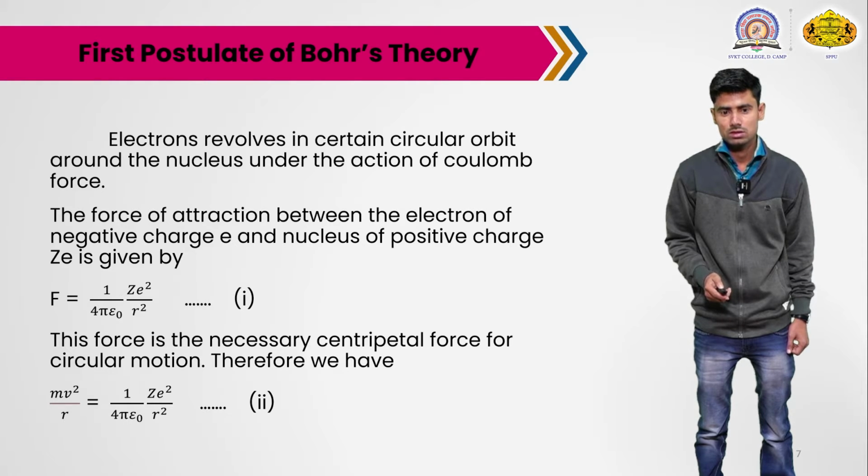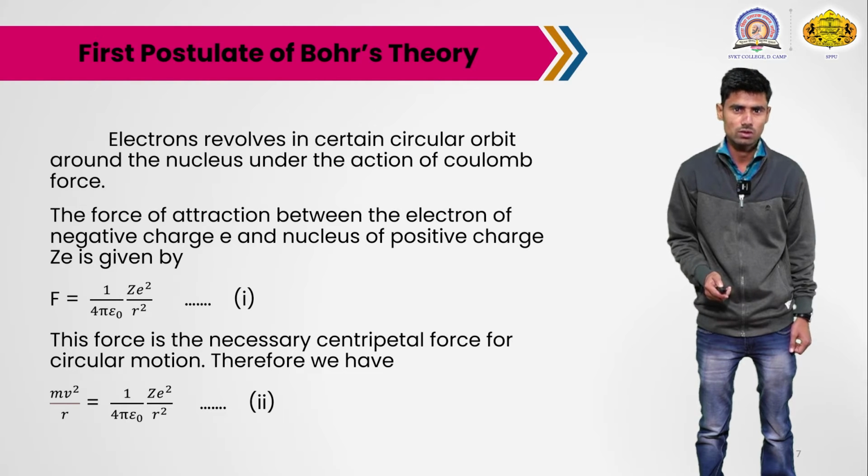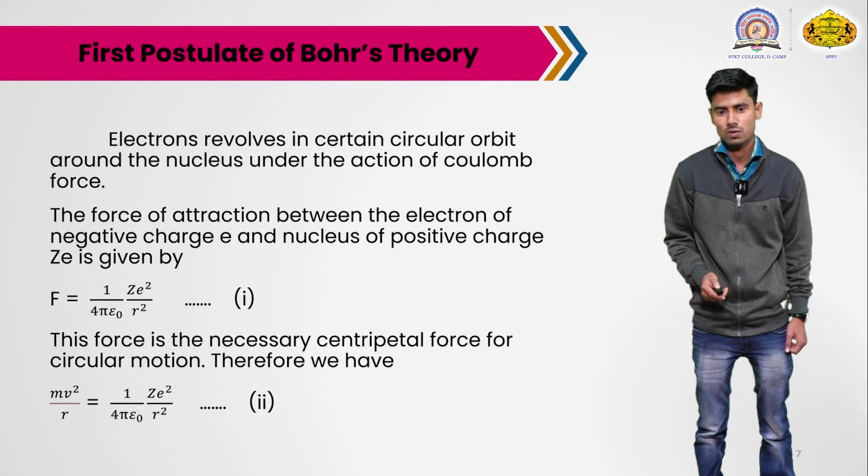Now this force, given by equation 1, is the necessary centripetal force for the orbital motion of the electron. Here the Coulombic force of attraction between the positively charged nucleus and the negatively charged electron acts as the centripetal force necessary for circular motion of the electron.